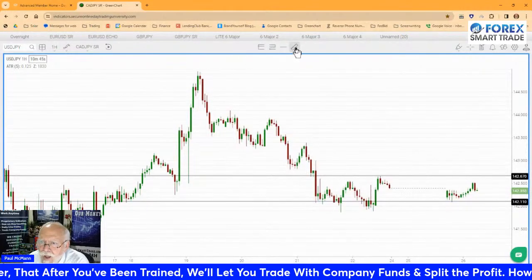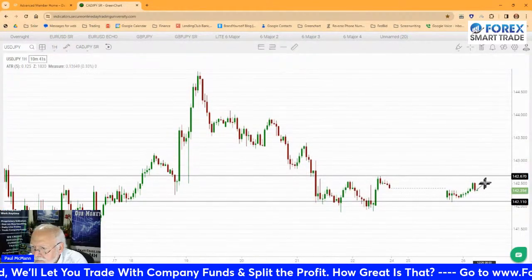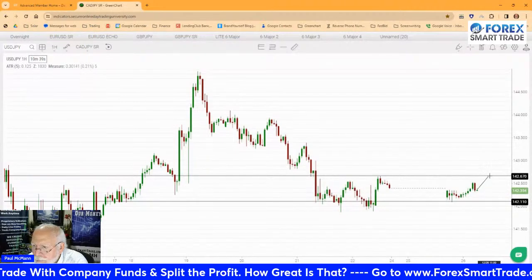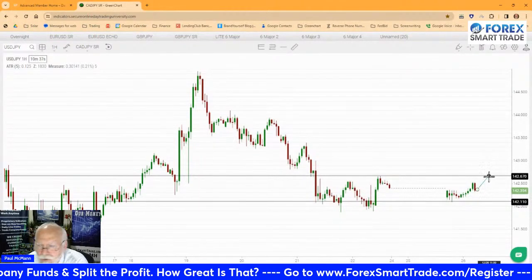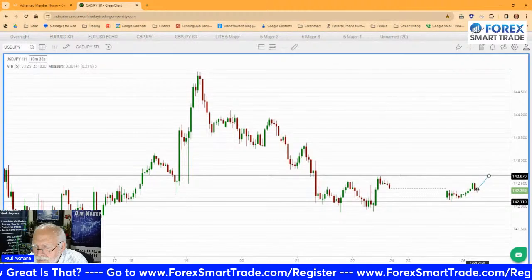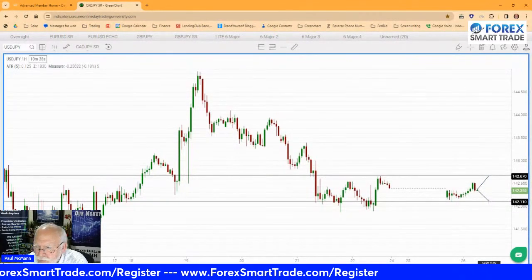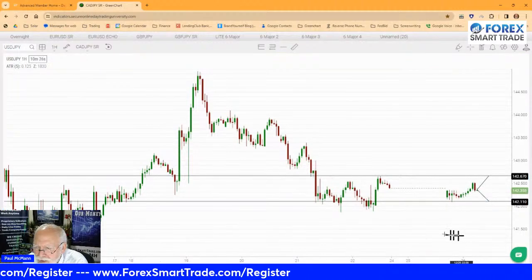Then I want to know how much distance I have to these points. So going up, I've got 30 pips, coming down I've got 25 pips, so that's 55 pips.